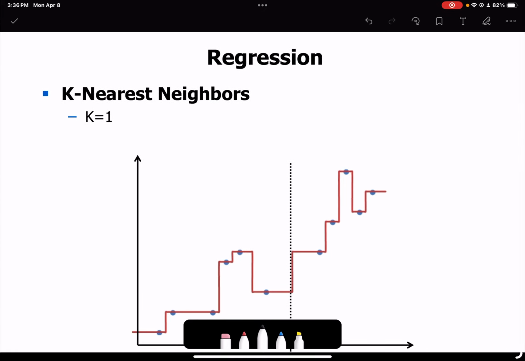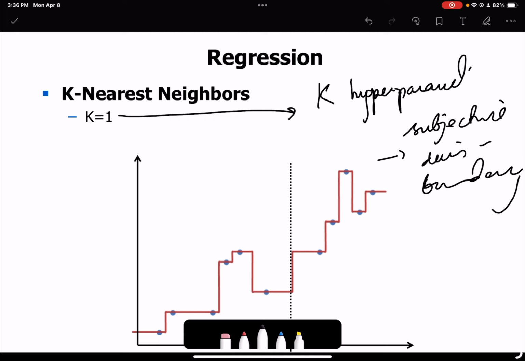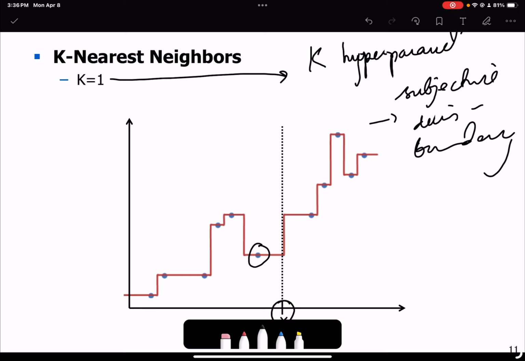As I told you, the selection of this k hyperparameter is very subjective and it will change the decision boundary. In case we choose only one nearest neighbor for this data point, this will be your decision. However, for this data point, this will be your decision, and based on this we have drawn this regression line.